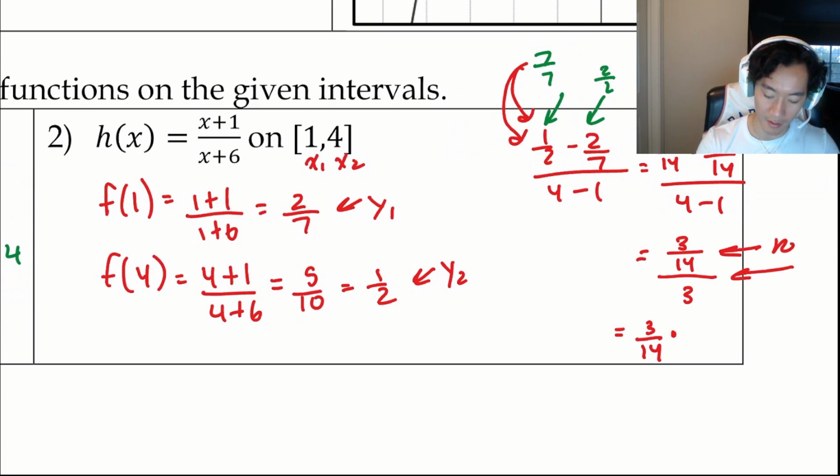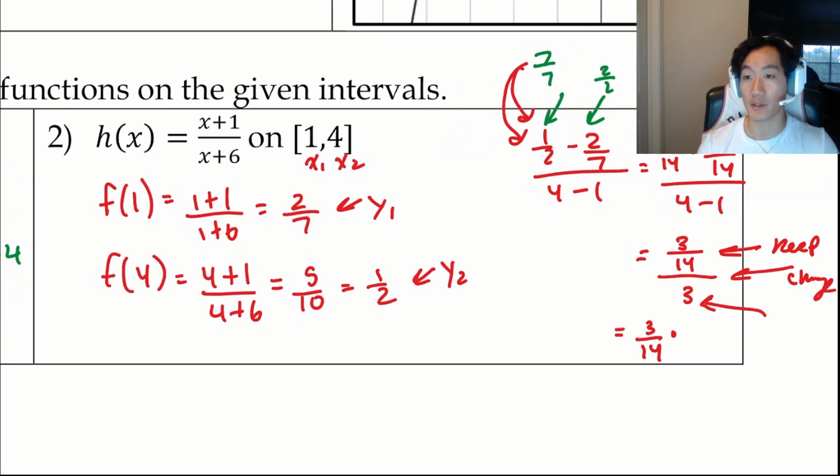So we keep, then we change the operation, and then we flip what's currently in the denominator. And so flipping it just means I want the reciprocal of it. So right now, this is technically just 3, which is technically 3 over 1. So if I flip it, 1 over 3, right? That's the reciprocal.